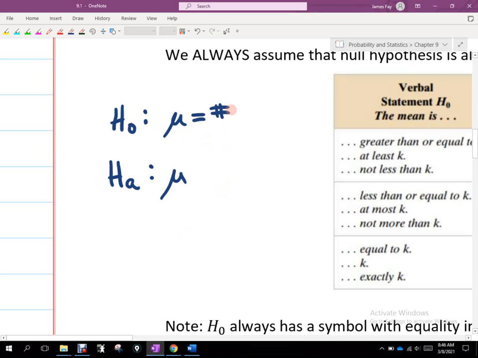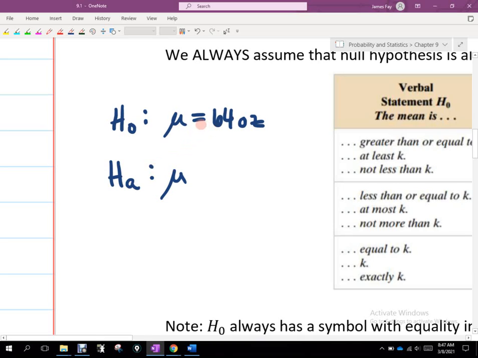maybe, let's go to the P&G example, 64 ounces. So I'm going to say the currently accepted mean for the volume of detergent in Tide from P&G is 64 ounces. The alternative hypothesis would be the opposing viewpoint. So what is the opposing viewpoint to equality?